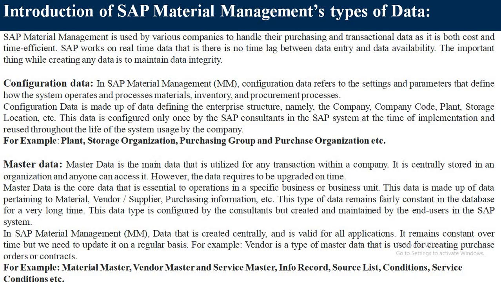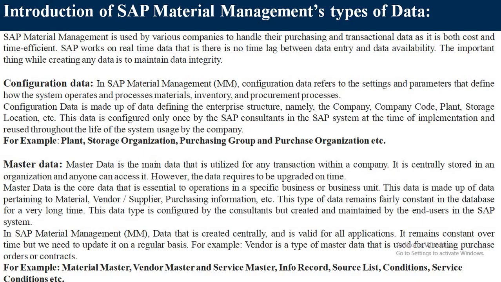So let's understand what is configuration data. In SAP Material Management, the configuration data refers to the settings and parameters that define how the system operates and processes material, inventory, and procurement processes. Configuration data is made up of the data defining the enterprise structure, namely the company code, plant, storage location.